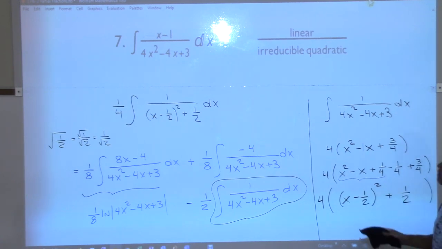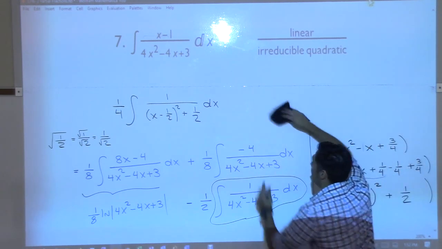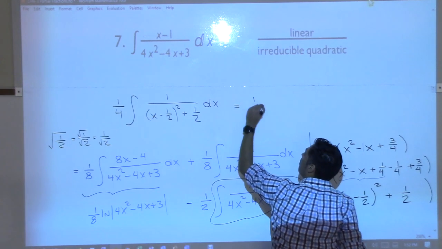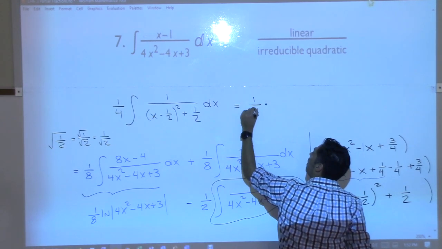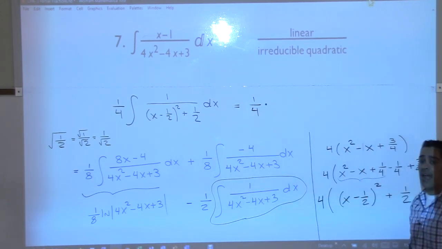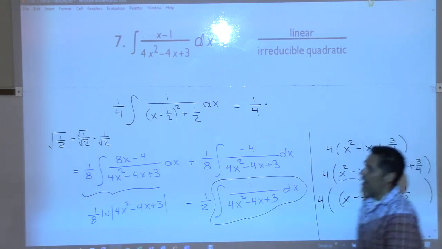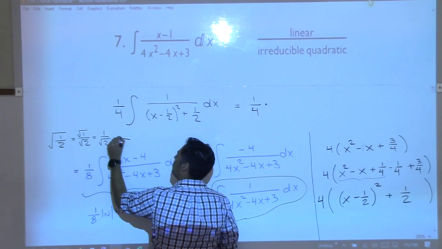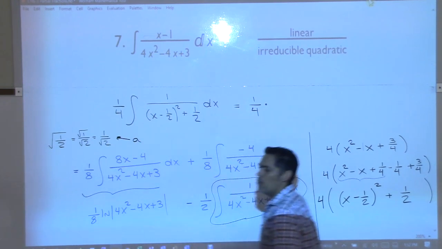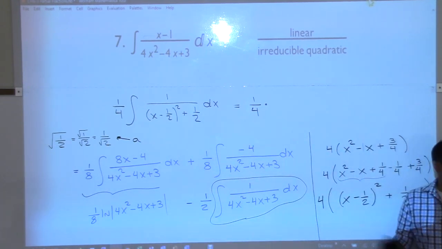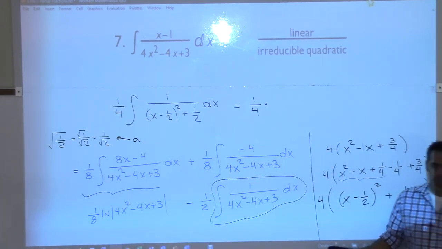Okay, here we go. So now we have this. This is equal to 1/4. Okay, now the formula. The formula for this should be 1 over a, right? 1 over a. And this is a, right? So 1 over root 2 should just be root 2, shouldn't it? You reciprocate it.